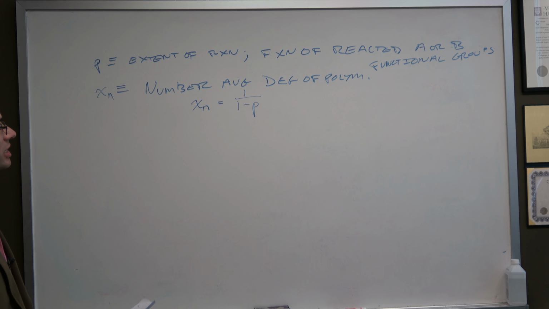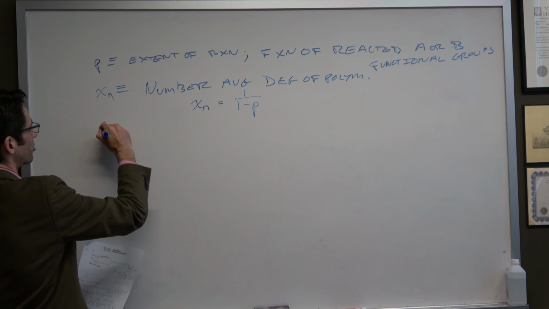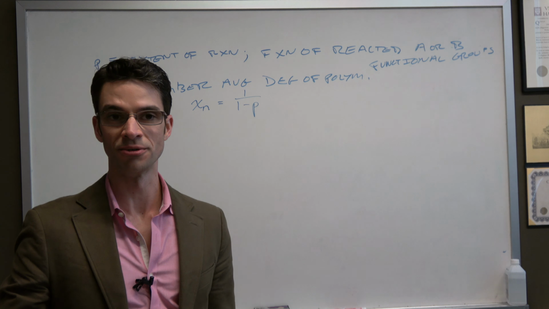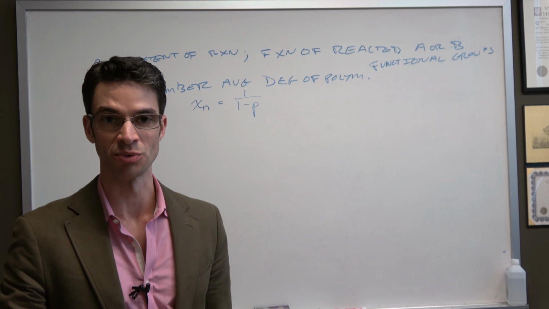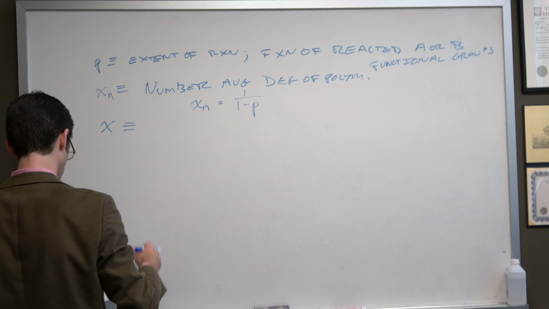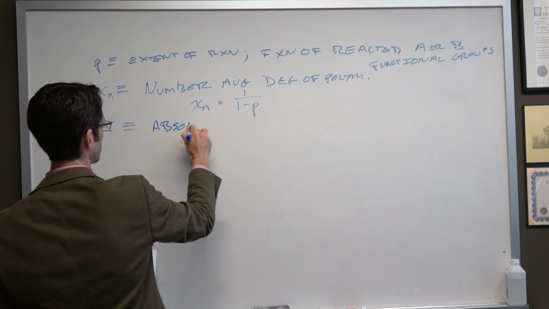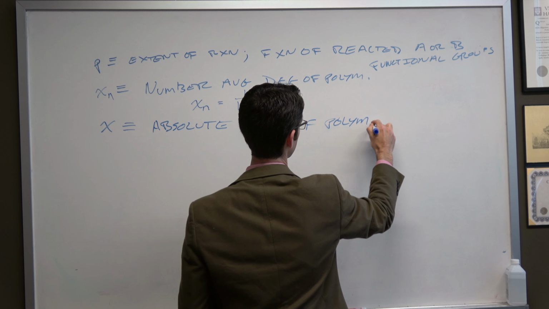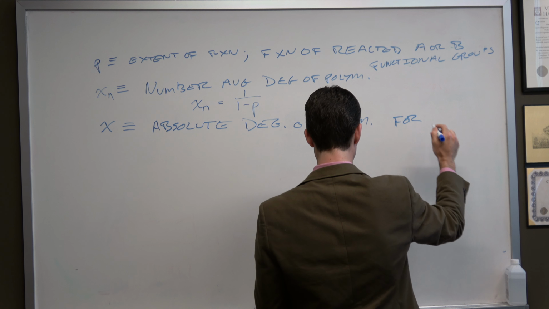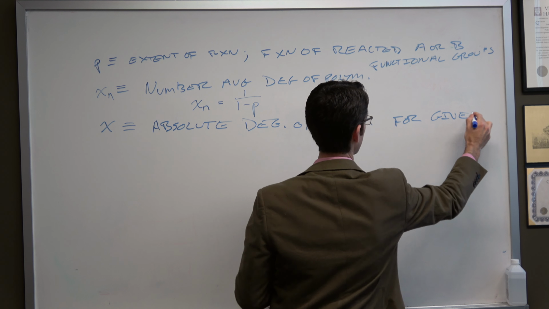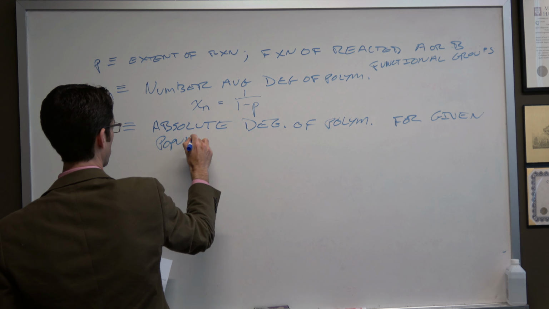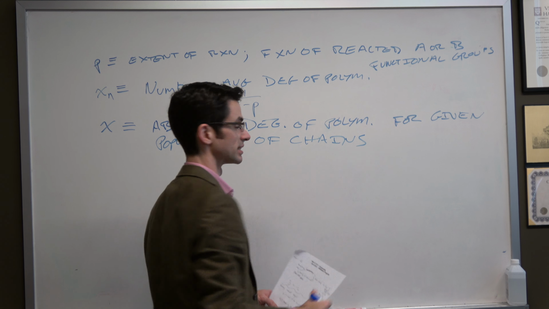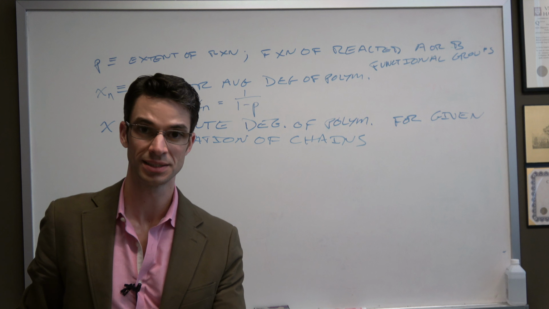And the number average degree of polymerization is different from X without the n, which is the absolute degree of polymerization for a given population of chains with degree of polymerization X. So a monomer has x equals 1.